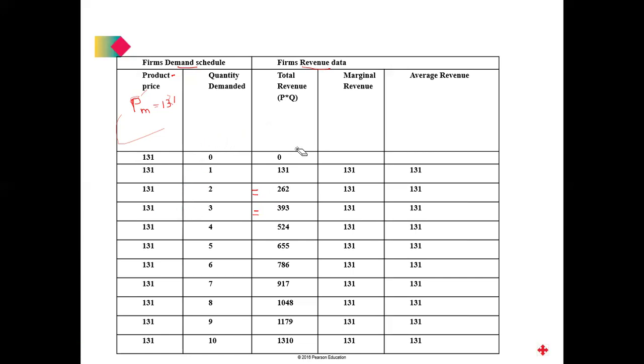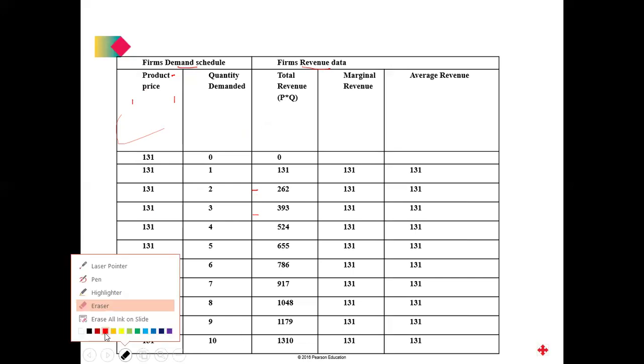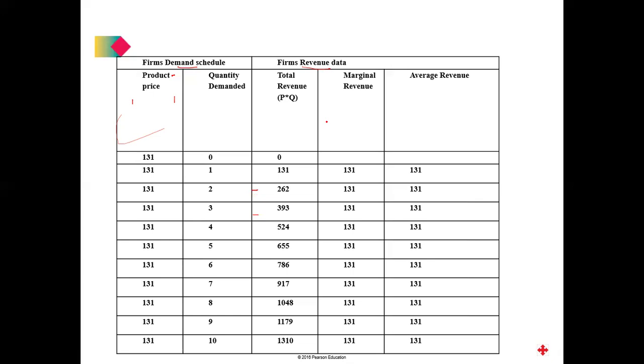So now we are going to calculate the marginal revenue. Marginal revenue is actually the change in total revenue when there is a change in quantity sold. Or you can also say that when you increase the quantity by 1 unit, what is the change in total revenue?